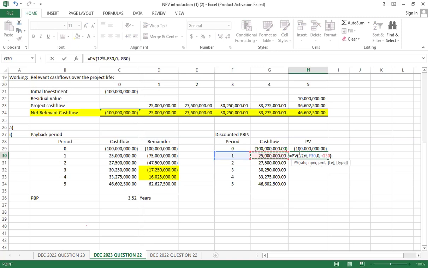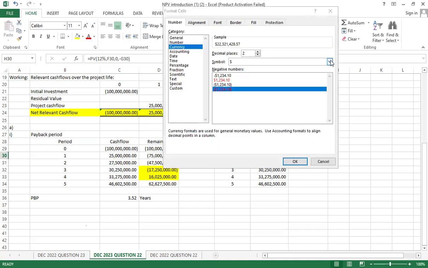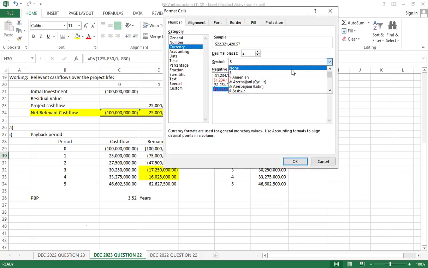If I close the bracket, what I get is 22 million and some change for period 1. So that is the present value for period 1.